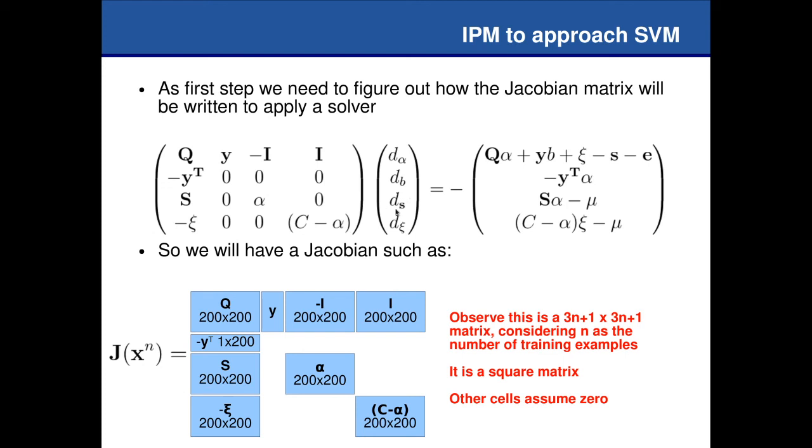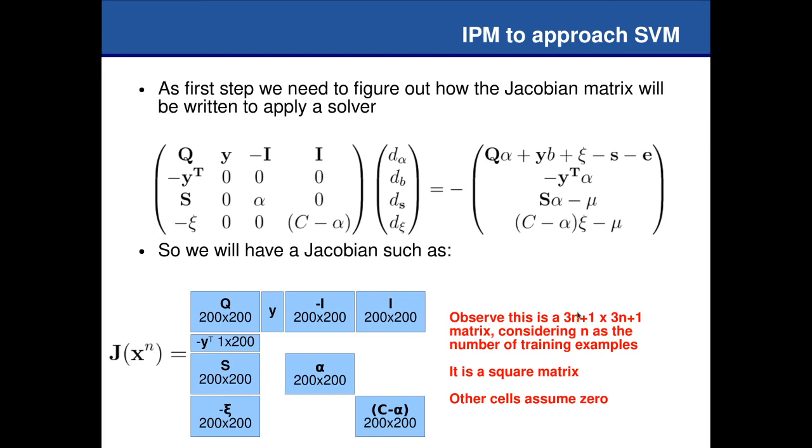It's actually going to be a vector with 200 elements. As it is a vector with 200 elements, this has to be 200 by 200, given it is a minus identity matrix. And as this is a vector with 200 elements, this S being used here will be 200 by 200, alpha 200 by 200, minus psi 200 by 200, and C minus alpha 200 by 200. There is a rule here.